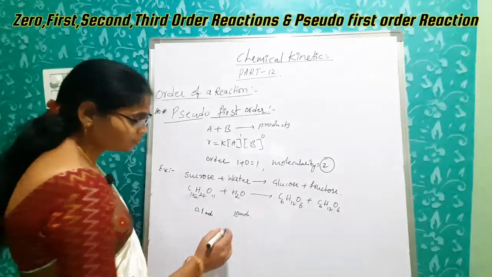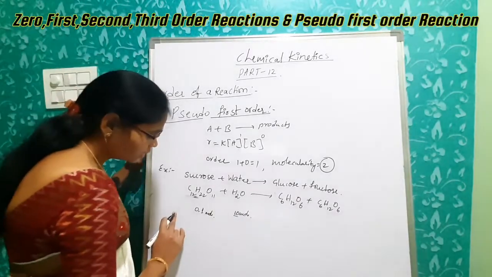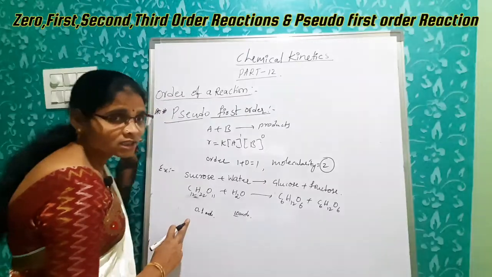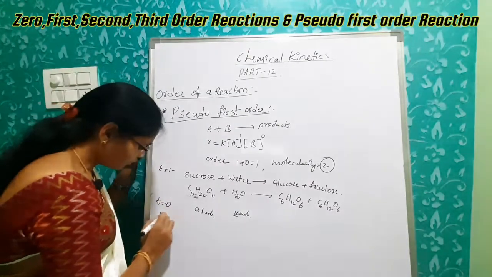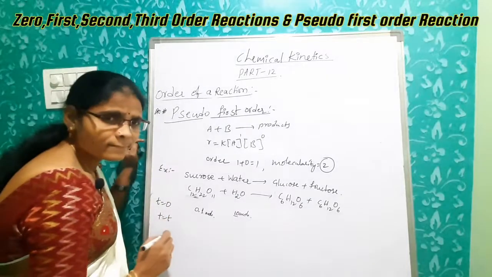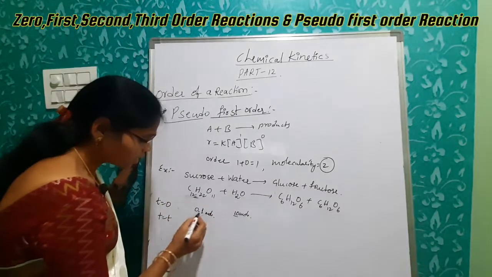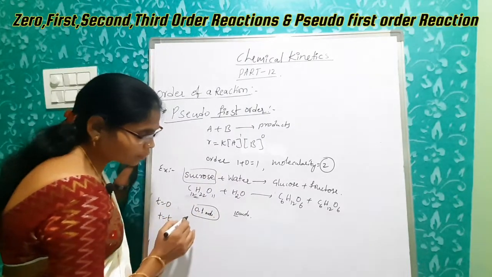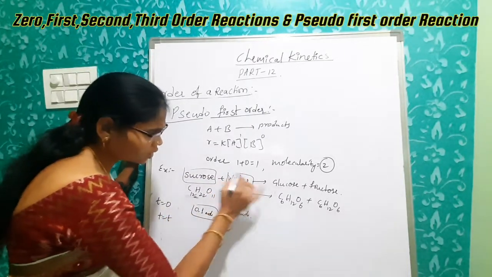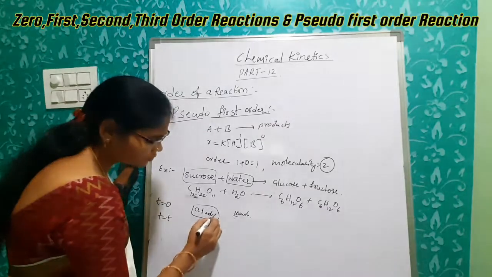Okay. Now, initially, means the reaction has not started, time equals 0. Then after some time, the reaction is completed. Initially the concentration of sucrose is 0.1 moles per liter, and water concentration is 10 moles per liter.